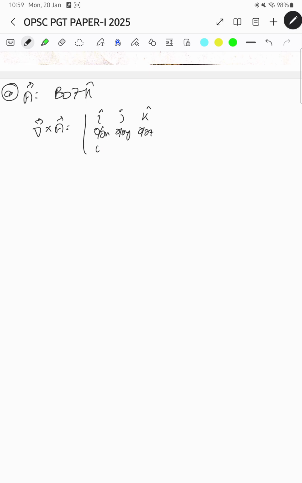We have only the k cap component, so i and j are 0, and we have only B0 z. If we solve i cap dou by dou y of B0 z, it is 0, minus dou by dou z of 0, so it is also 0, plus j cap, dou by dou x of B0 z k cap, which is 0, dou by dou z of 0 is 0, plus k cap, this is also 0, so we have 0. So option A can't be the answer.